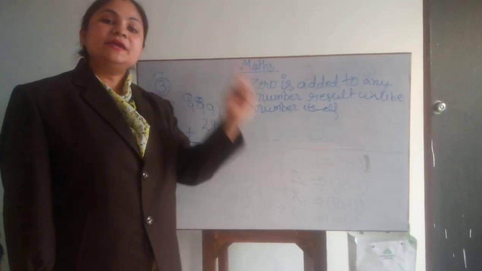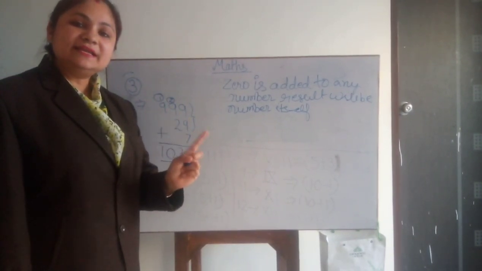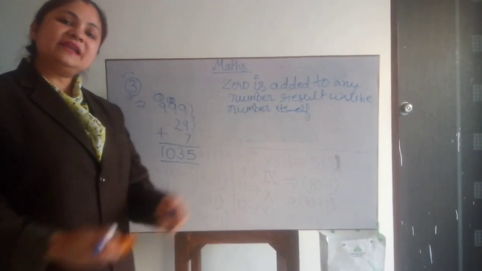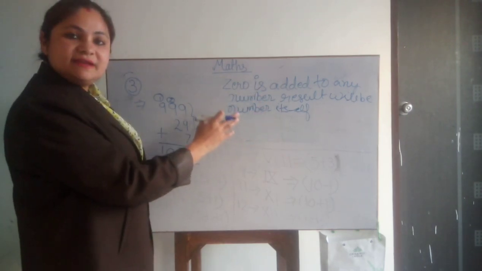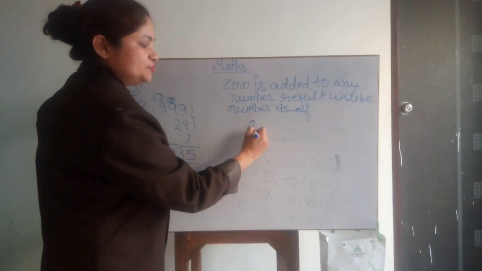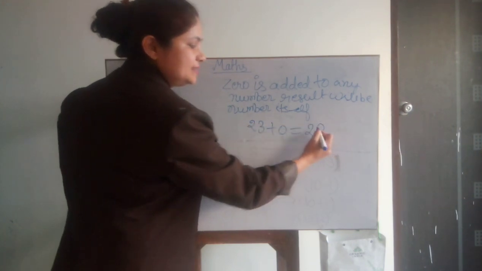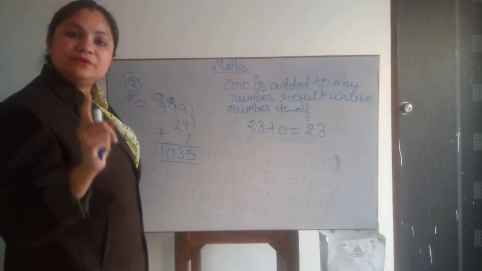The same way, if 0 is subtracted from any number, definitely the result will be the number itself. So if I am writing it in the form of numbers, if I am doing 23 plus 0, the result will be 23 only.